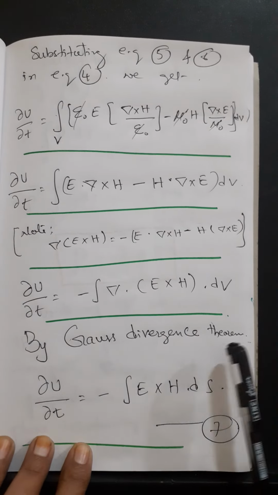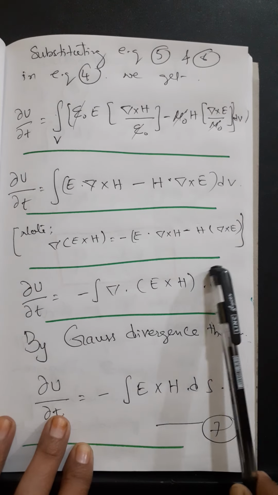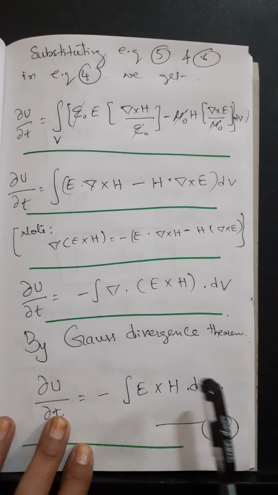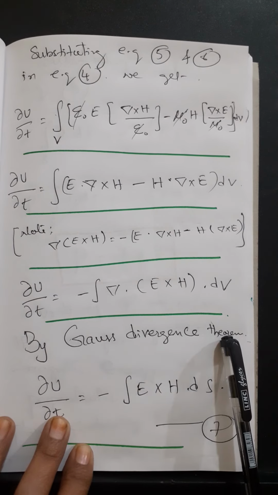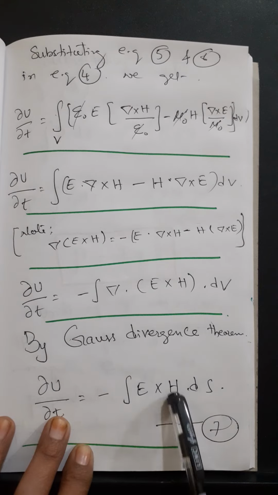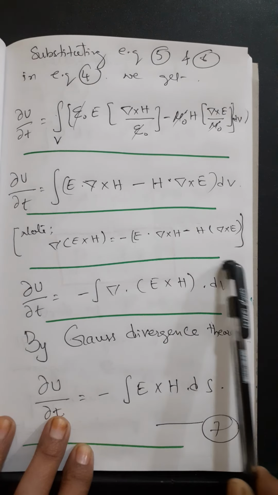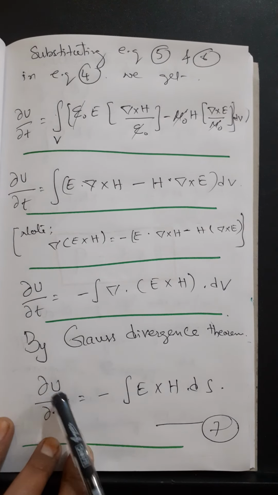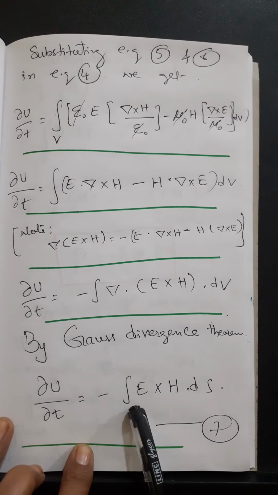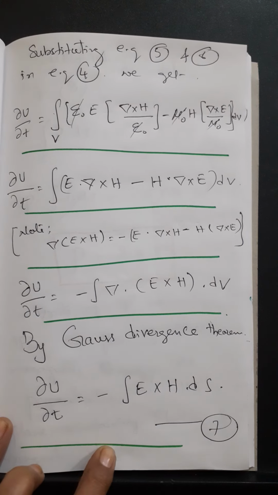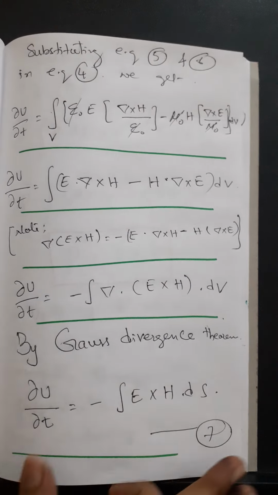By the Gauss divergence theorem, the volume integral is converted into a surface integral. So ∂U/∂t is equal to minus the integral of E cross H dot dS. Let us take this as equation number 7.